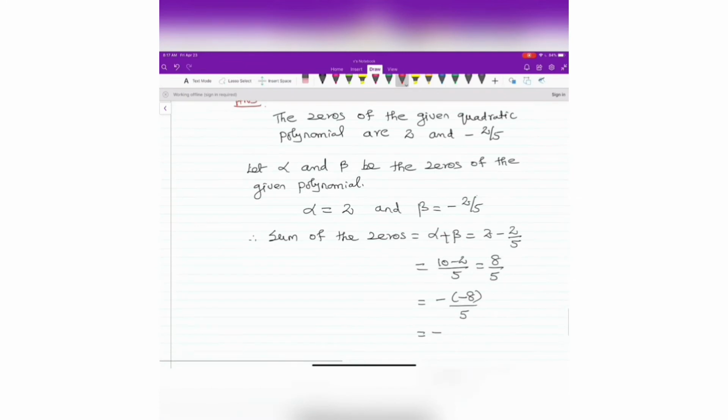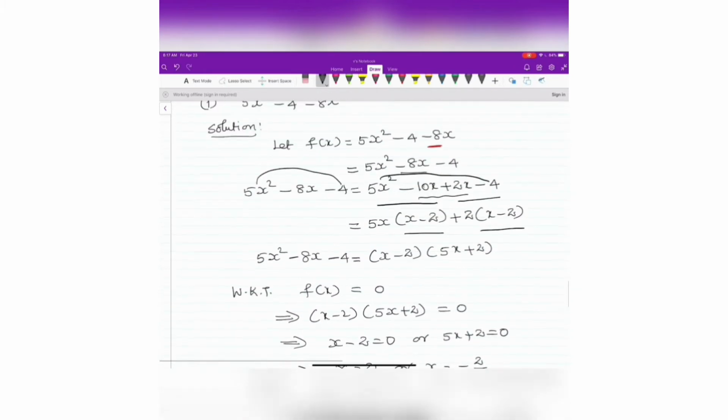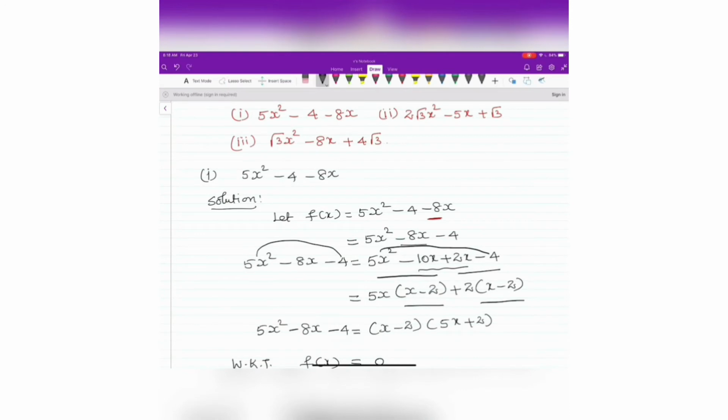So, I can write here, this is coefficient of x by 5. What is 5? 5 is coefficient of x square.